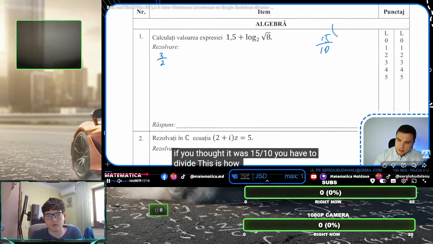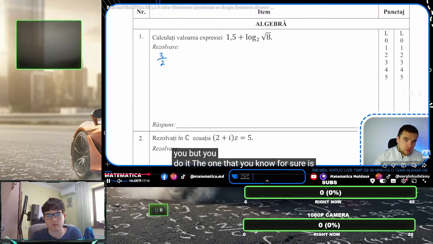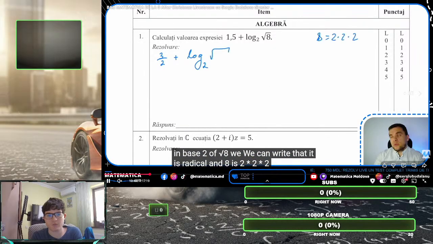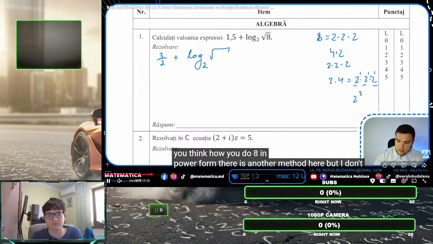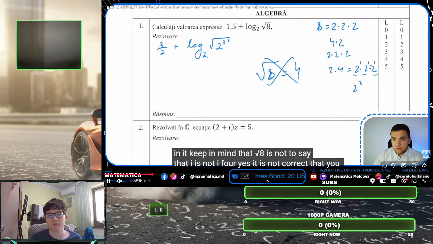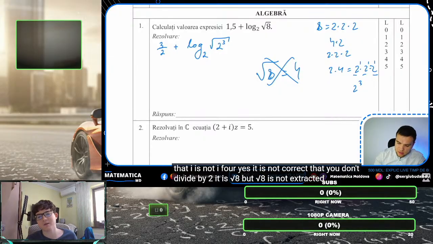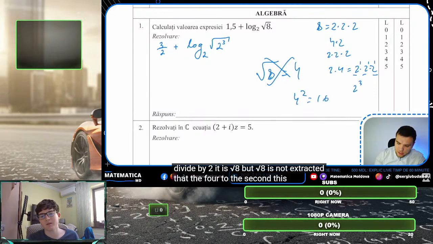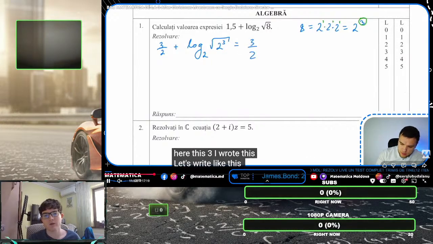So 1.5 is 3 divided by 2. Yeah, but how does that help me? Yeah, that's 2 to the power 3. Yes, that's correct. Square root of 8 is not 4, because it's not like divided. So we got that right.